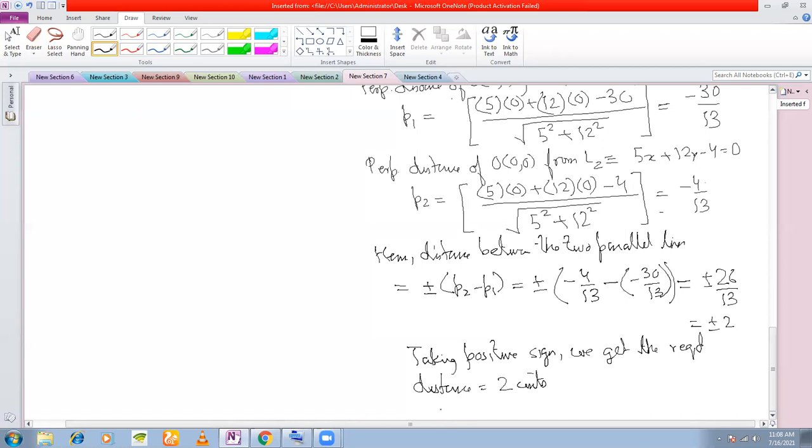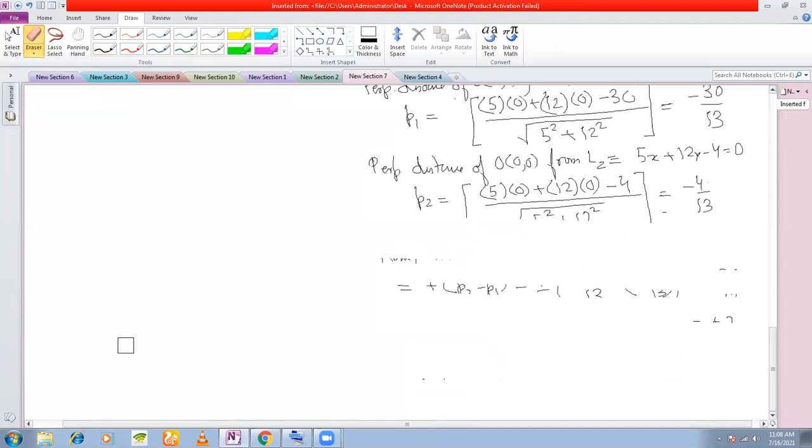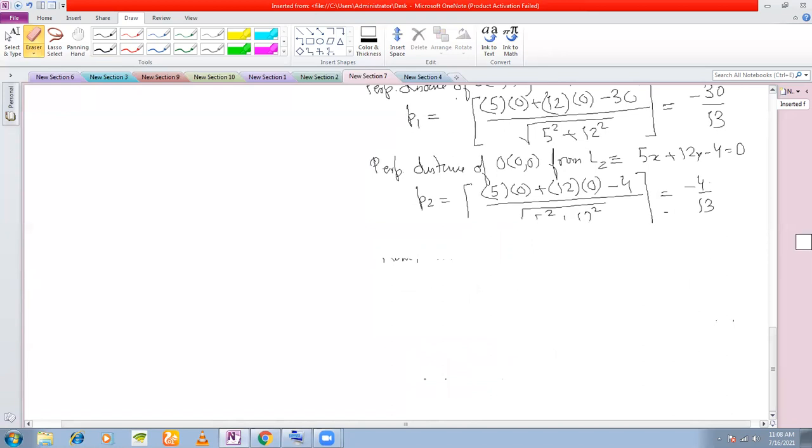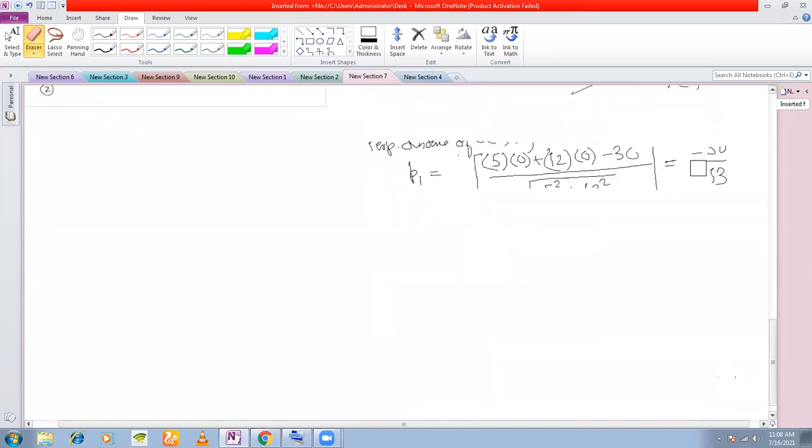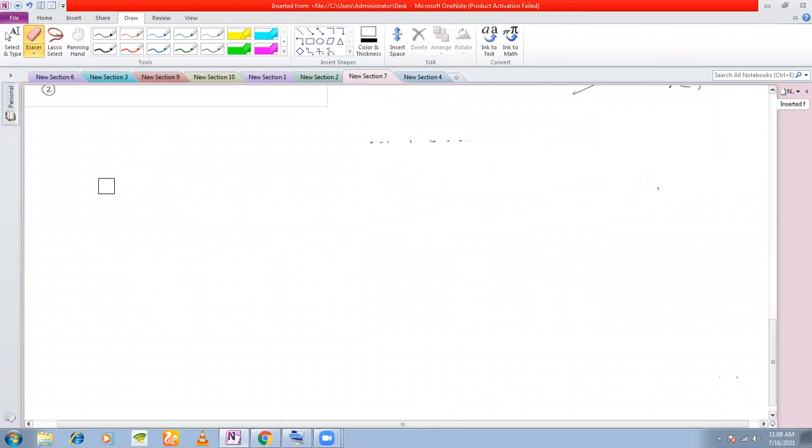Okay, I have shown you this problem, I think, when I was doing normal form, right? Distance between the two parallel lines, plus or minus P2 minus P1 also I had taken there. So either you can use your method 1 or you can use method 2. I would prefer method 1. Let us move on to the next problem.